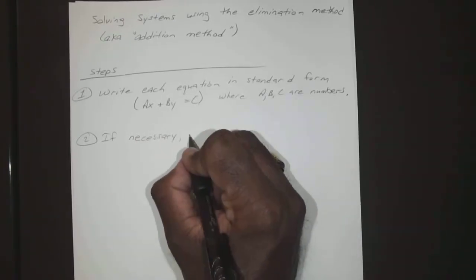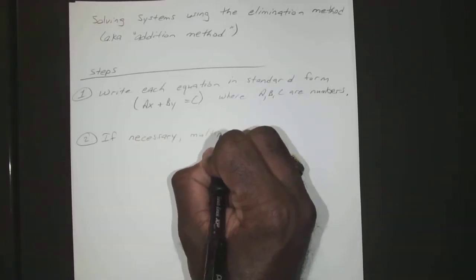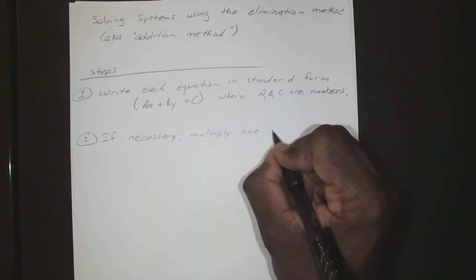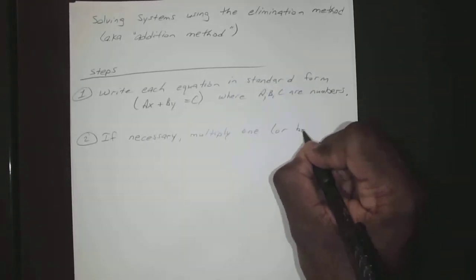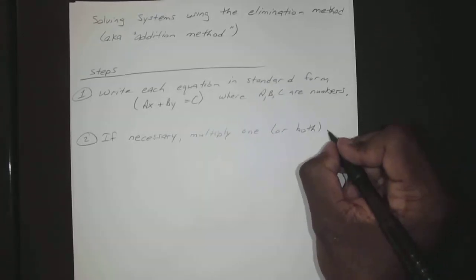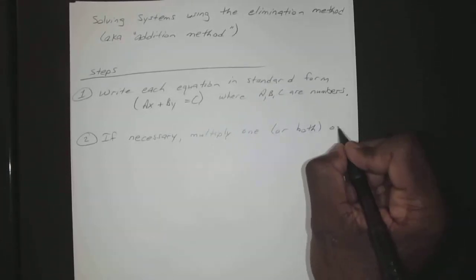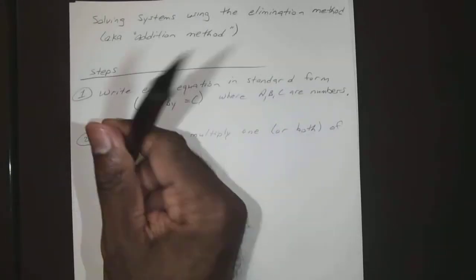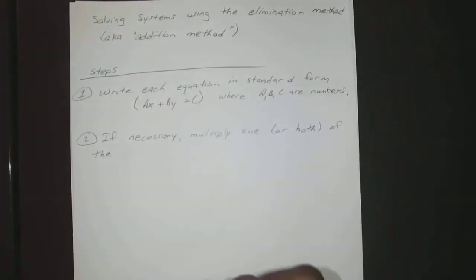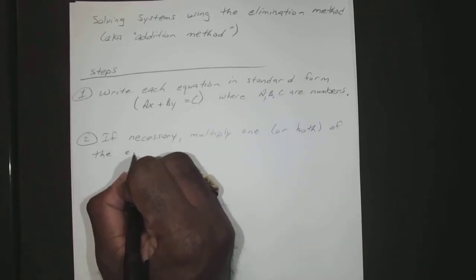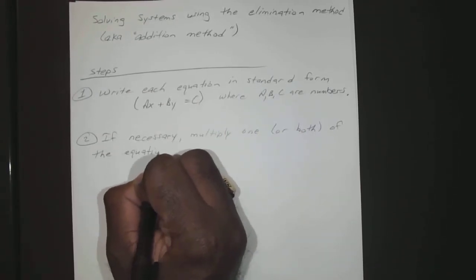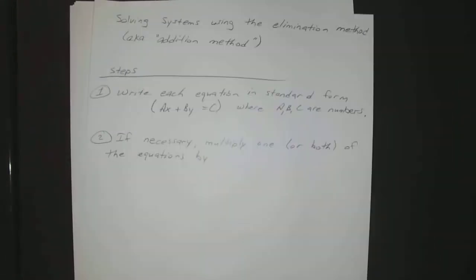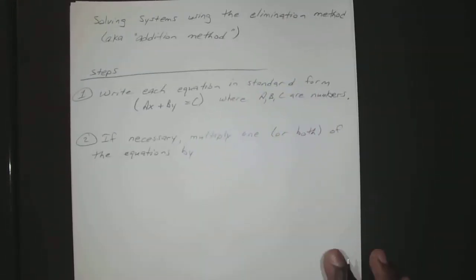So, if necessary, multiply one or both equations by a non-zero number. You can't just multiply them by 0.